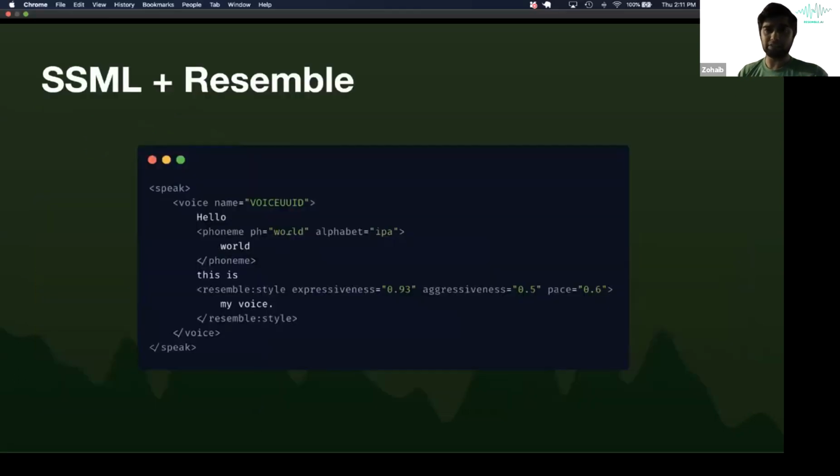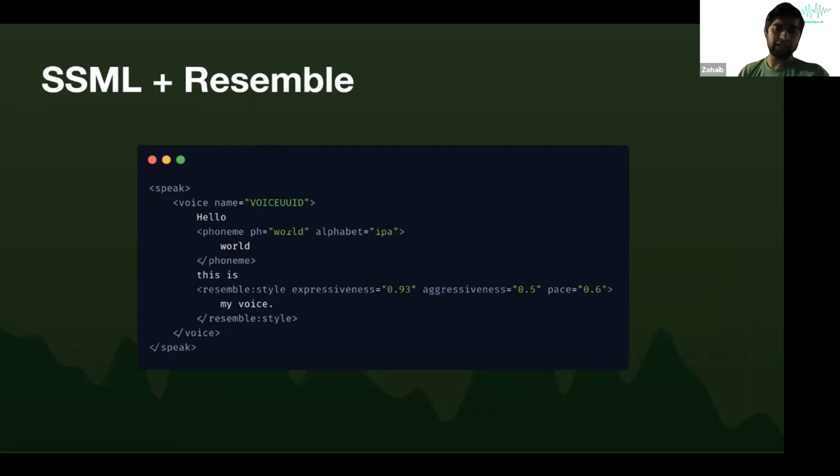When you're creating these clips, the content or the payload that you're sending through can be either text or what is called SSML, which is this markup language. We have an extension of SSML, which introduces a couple of tags that the spec does not have, such as the resemble style tag that you can see here.